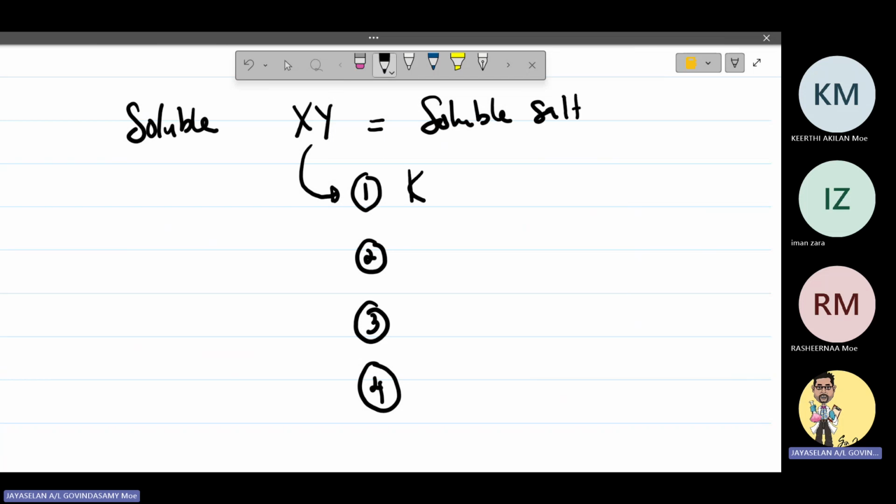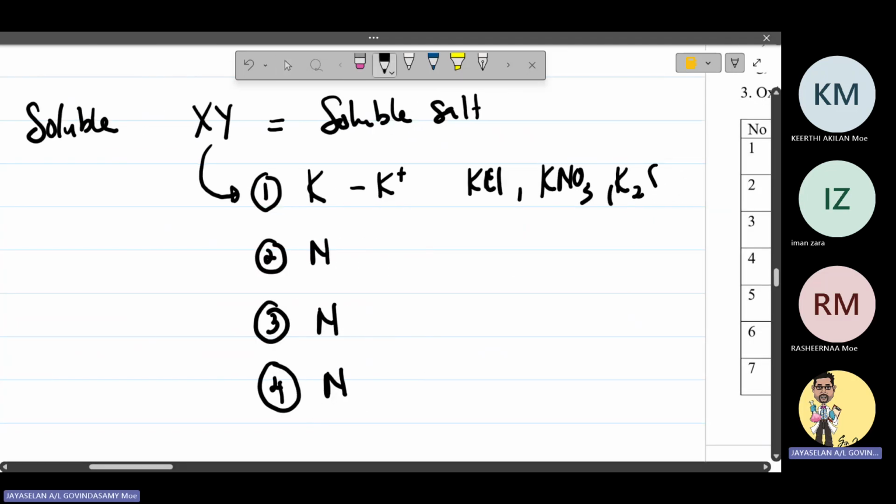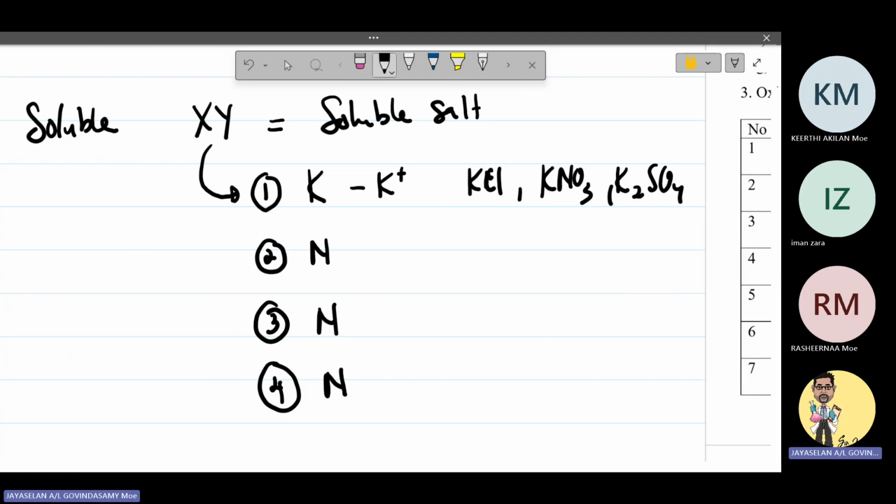What are the ions? K, N, N, N. These 4 ions are known as soluble salt ions. K stands for what ion? Potassium ion. If you see KCl, soluble. KNO3 soluble, K2SO4, please remember soluble. Any question? Already memorized? Okay, next one, sodium ion.